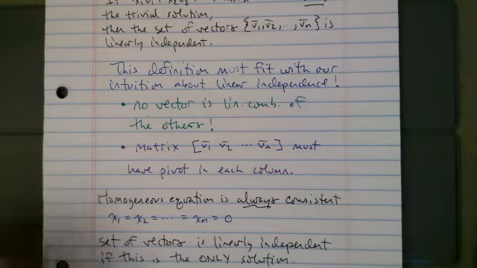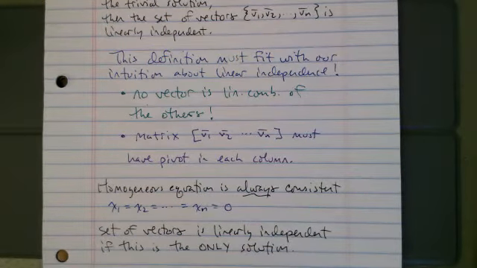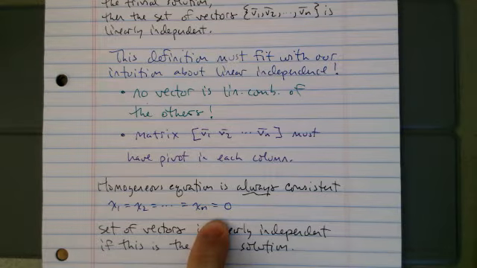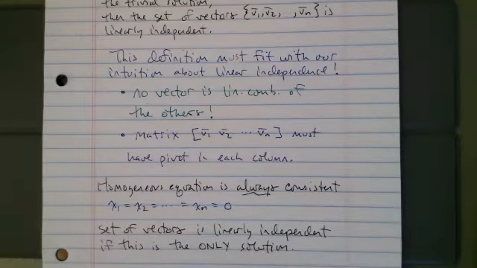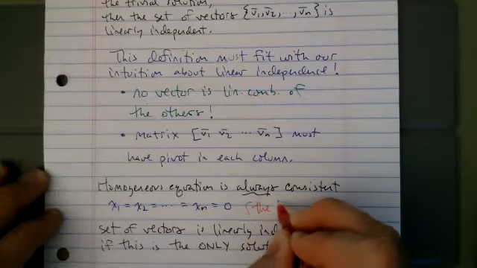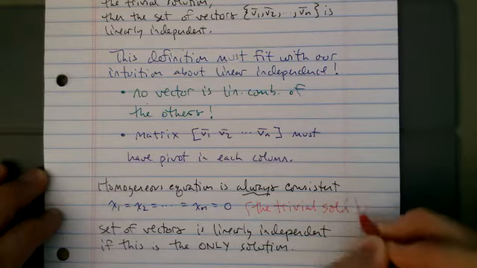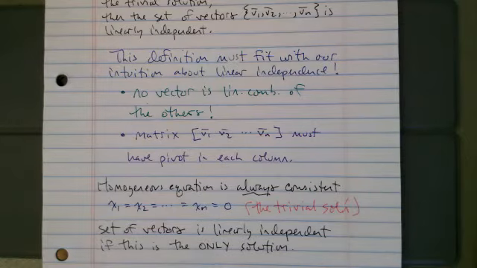So the set of vectors is linearly independent if this is the only solution. This is called the trivial solution. If you want to get a bunch of things to equal 0, just use 0 for all the weights. All zeros.